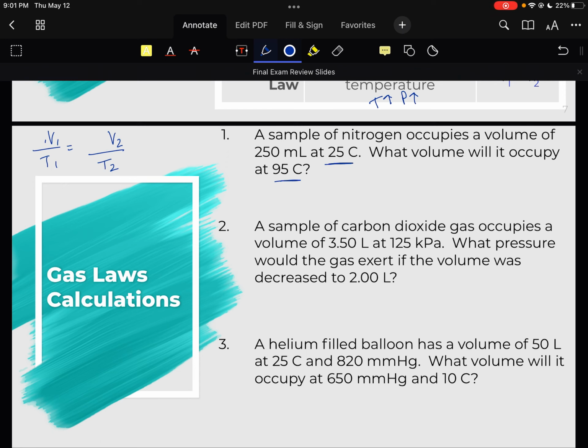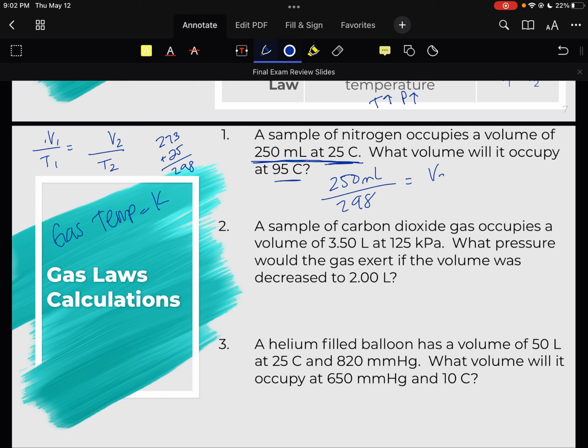So I'm looking at, it's starting off with this information, right? So that's my ones. So I have 250 milliliters. And then remember, anytime we talk about gas, my temp has to be in Kelvin. So I'm going to take 273, and add it to the 25 to get 298. Okay, now I can look at my second V2.